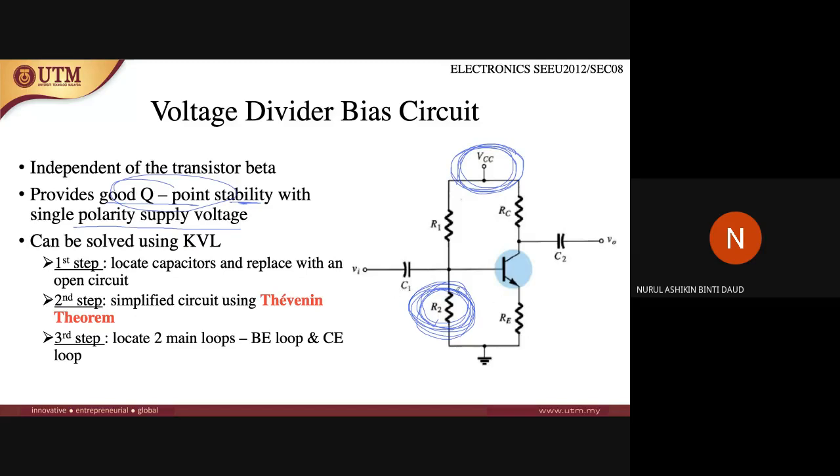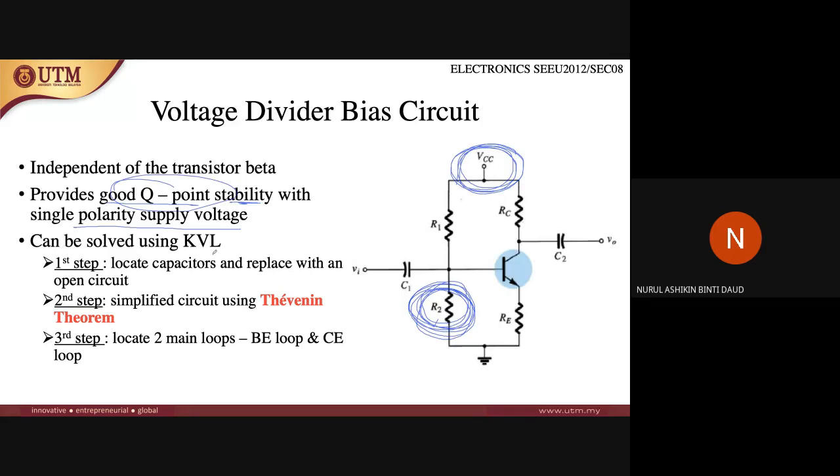In the emitter stabilized bias circuit, there is no R2 here, only RB, RE and RC.